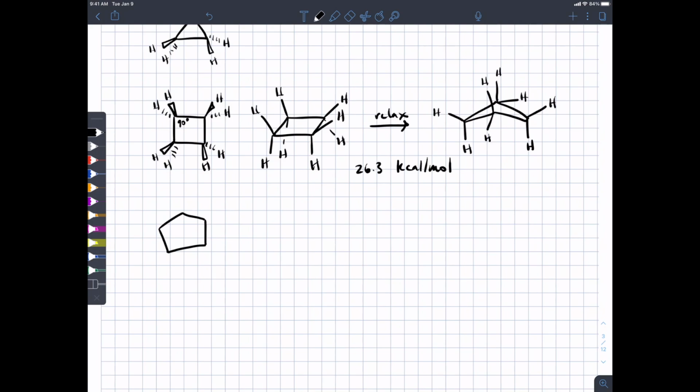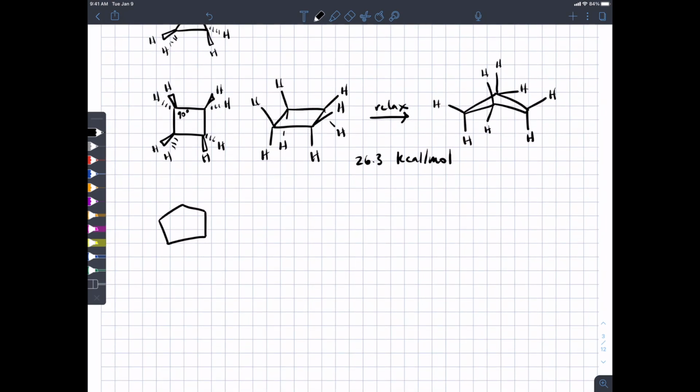So instead, the five-membered rings pucker in predictable ways, and people talk about their conformations, but they're not as easy to understand as the chair conformations. So let me show you a couple examples of the puckered conformations for cyclopentane.